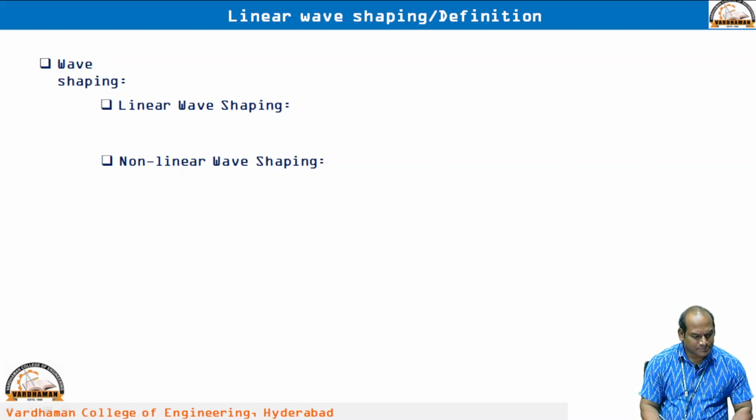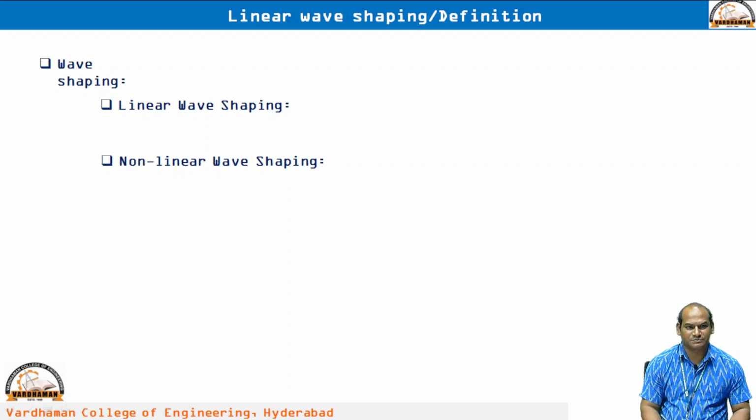Now we will see wave shaping, linear wave shaping and non-linear wave shaping definitions. Okay. So, wave shaping is nothing but we send one signal as input to the system. The output of the system we get by the system performing some process on the input signal.